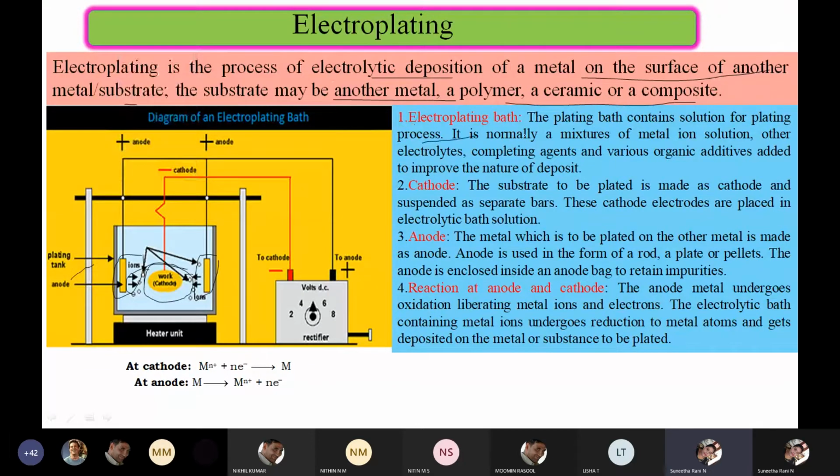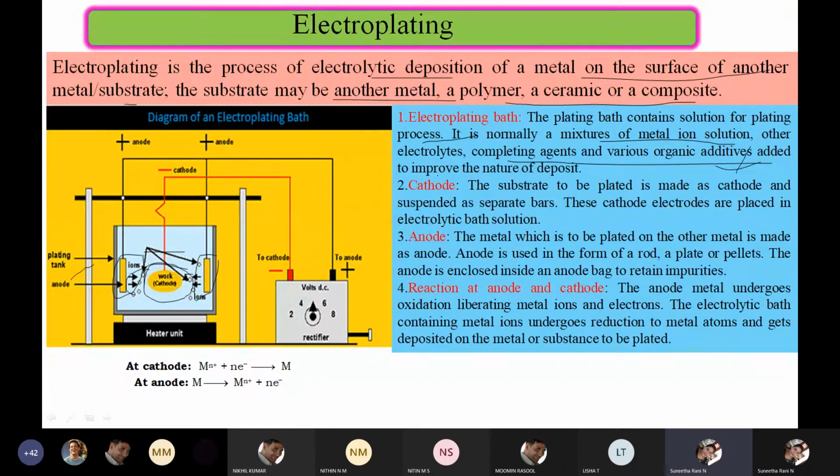It contains a mixture of metal ion solution, electrolytes, complexing agents and various organic additives. This tank contains an electrolyte, and that electrolyte also contains some organic additives. Extra additives can be added to improve the nature of the deposit. This is how the electrolytic bath solution has to be prepared.